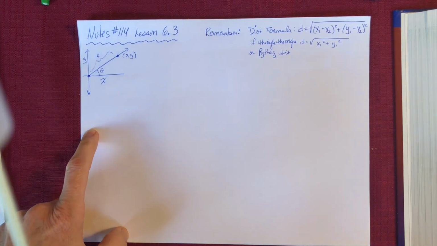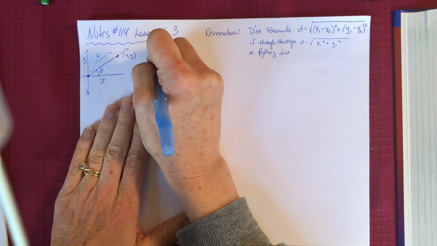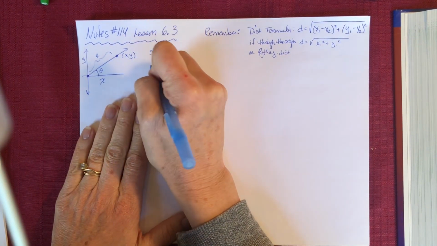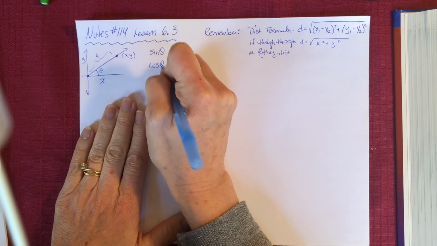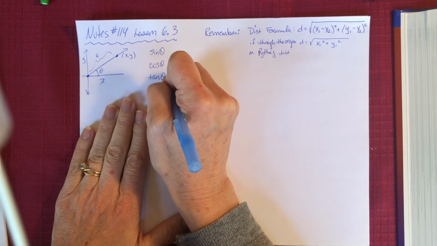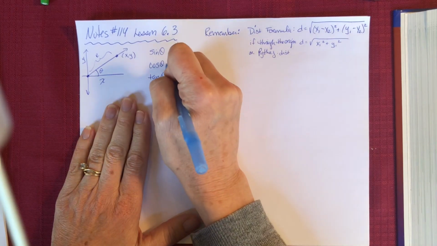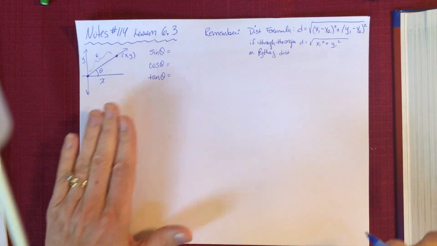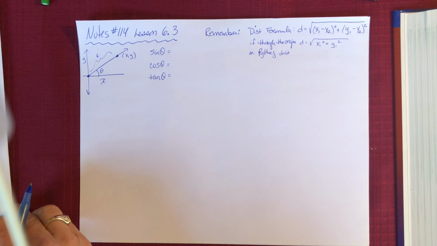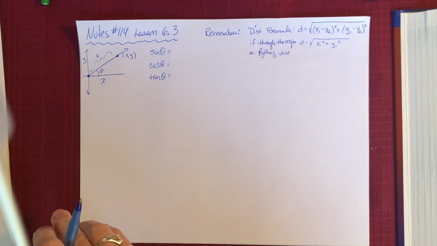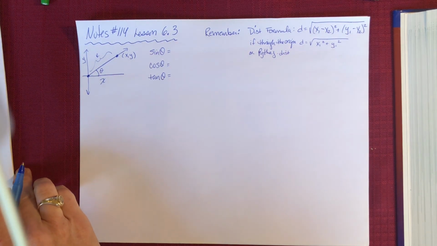So let's think about our 6 trig functions. We have our sine, our cosine, and our tangent. We learned that sine is opposite over hypotenuse.